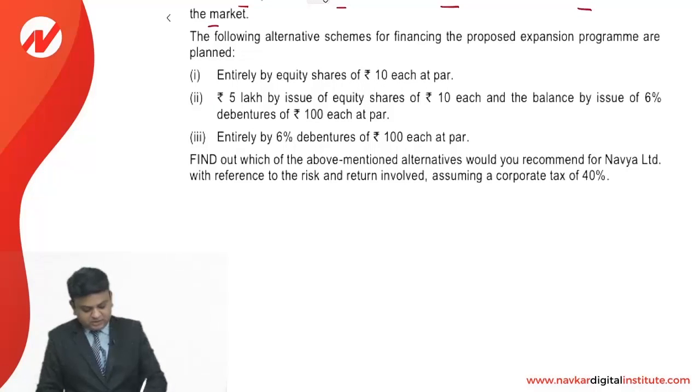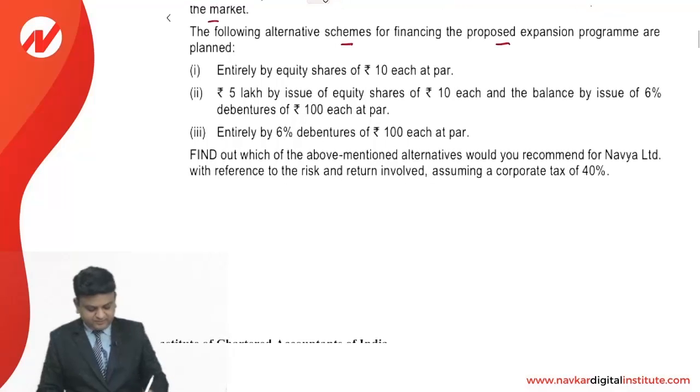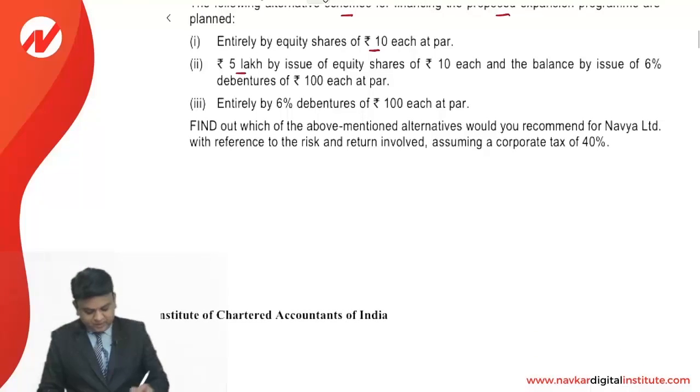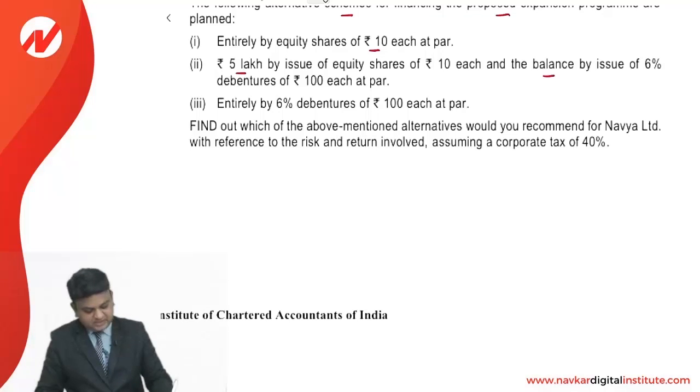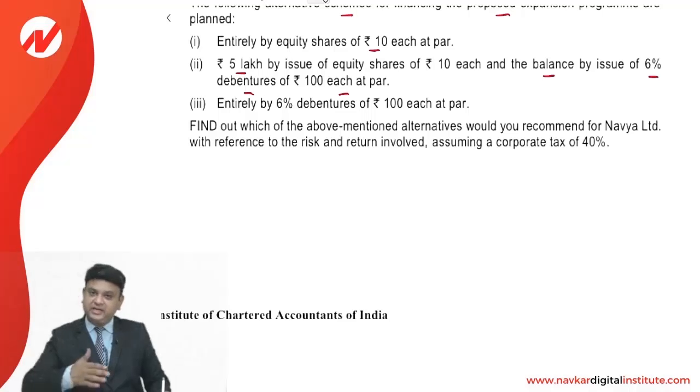The following alternative schemes for financing the proposed expansion are available. First, entirely by equity shares of rupees 10 at par, that is at face value. Second, rupees 5 lakhs by issue of equity shares of 10 and the balance by issue of 6% debentures of 100 rupees again at face value.